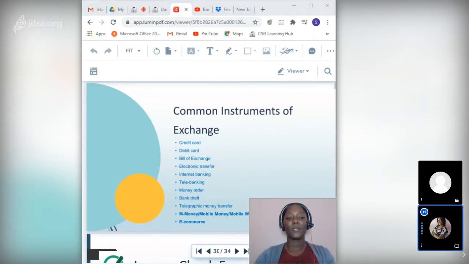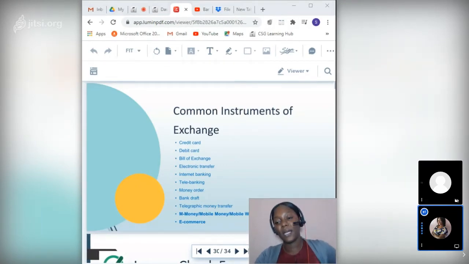The business or the person who prepares the bill of exchange is referred to as the drawer, similar to when you're using a check. The business or person who receives or accepts the bill of exchange is referred to as the drawee. So not the payee in this instance, but the drawer and the drawee.